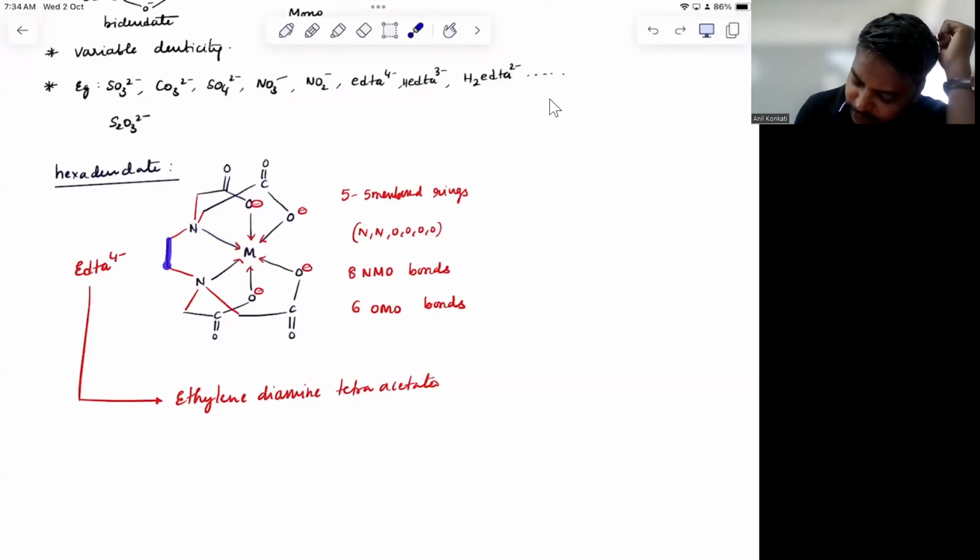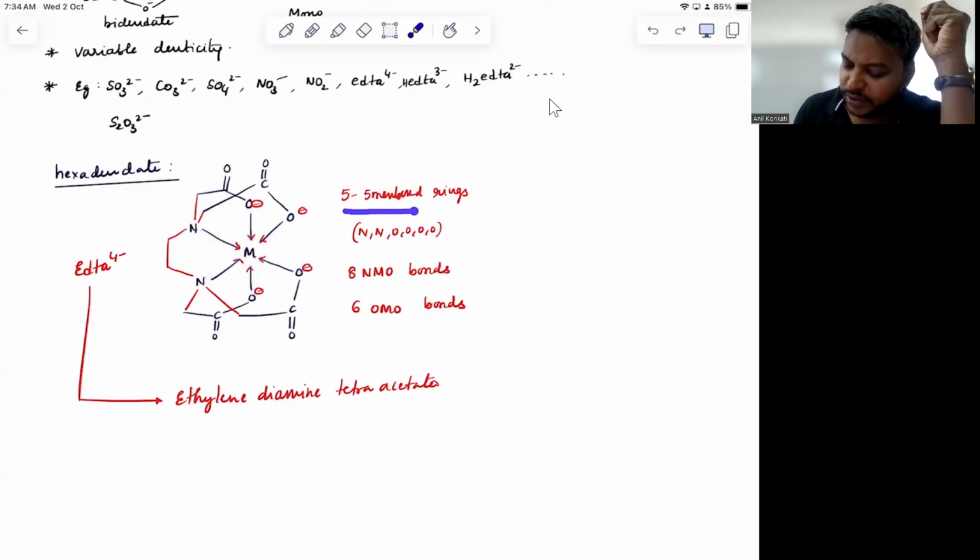See, read it carefully. Ethylenediamine and tetraacetate. There are four acetate groups here. One, two, three, and four. These four are the acetate groups we have. Okay. And connection happens from two nitrogens and four oxygens of those groups. That's how we will have five-membered rings, and the connecting atoms are four oxygens and two nitrogens.